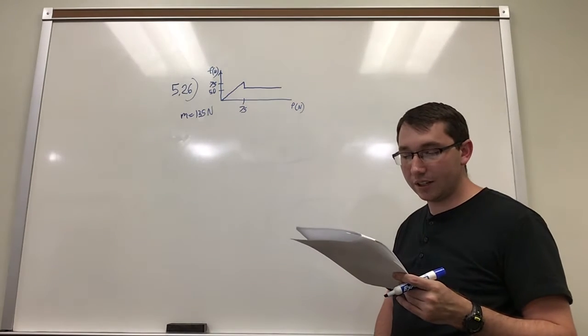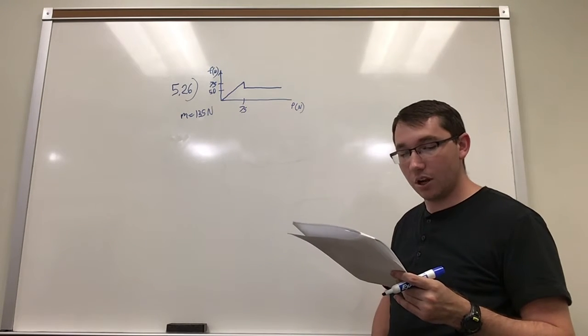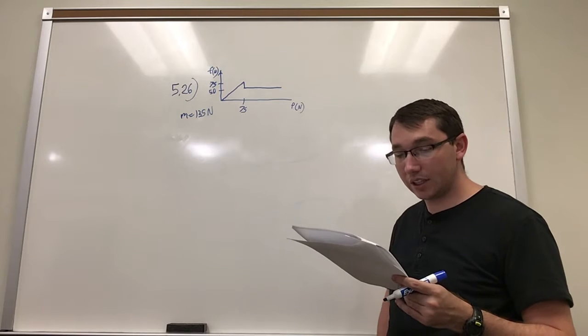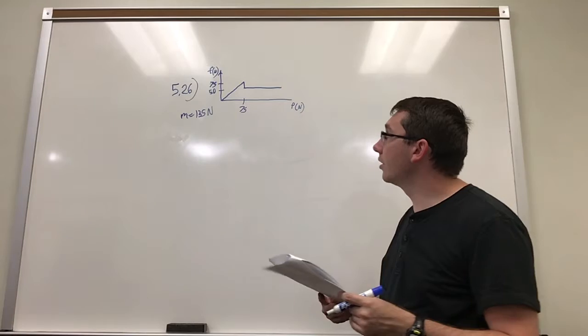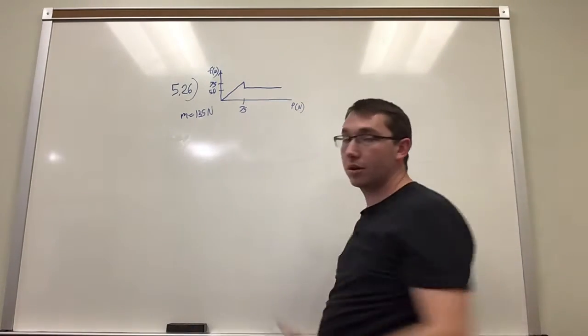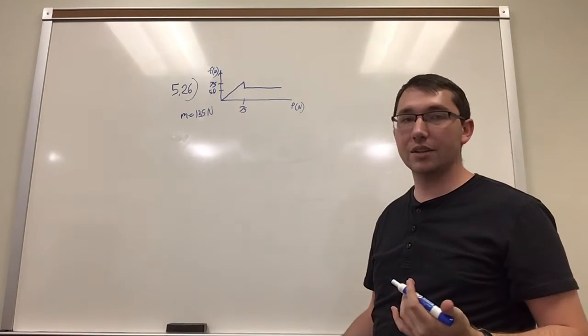Part A identifies regions of the graph where the static friction and the kinetic friction occur. So this is kind of my rough replication of that graph.